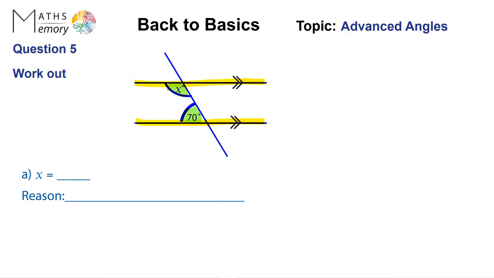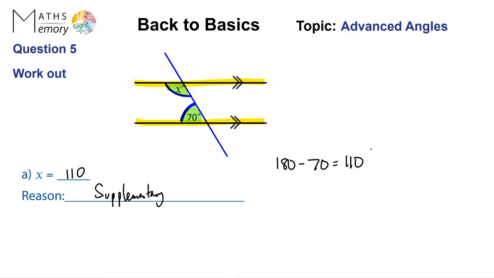They're called supplementary angles or co-interior, depending on what your teacher calls it. We'll call it supplementary here on Maths Memory. 180 degrees take away 70 will simply give you 110. A way to think about these is that they are both inside or within these parallel lines, so it looks like goggles in a way. Reason why, we'll call it supplementary over here.